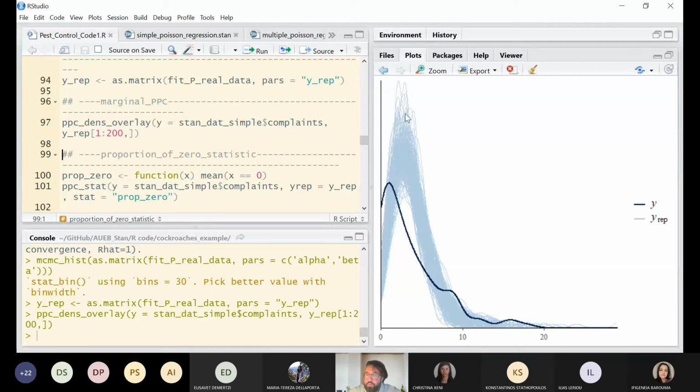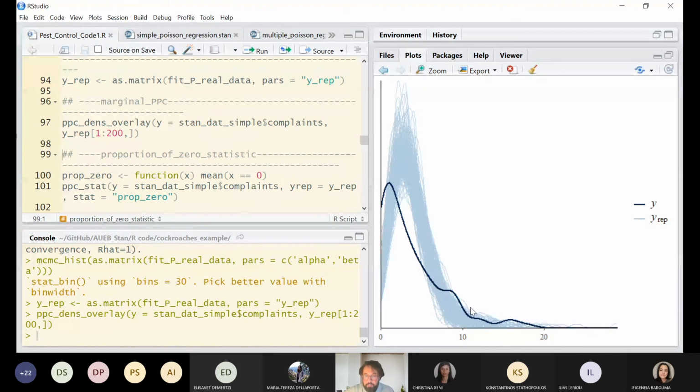In this case, the cloud of hypothetical replications is not mirroring perfectly the curve of the observed data. As you can see here, the model is underestimating the number of zeros. As you can see here, the tail of the distribution at 0 is not captured. So there is a sort of lag in the model replications.